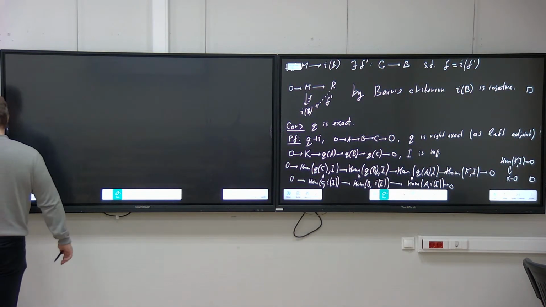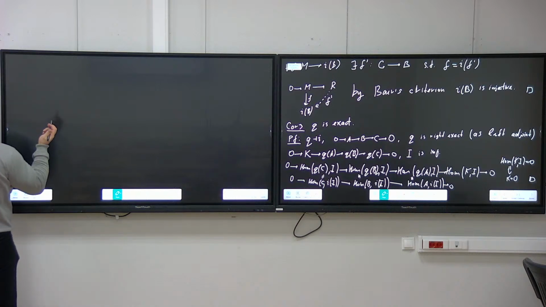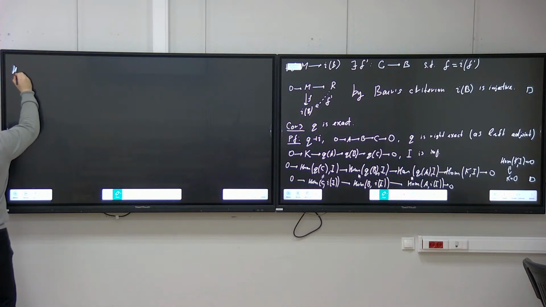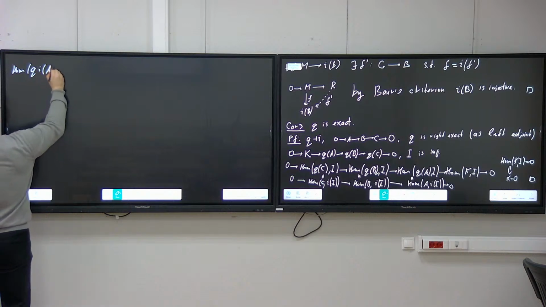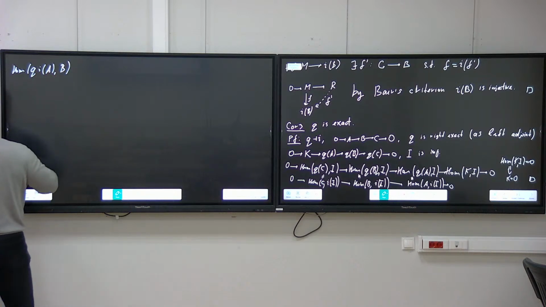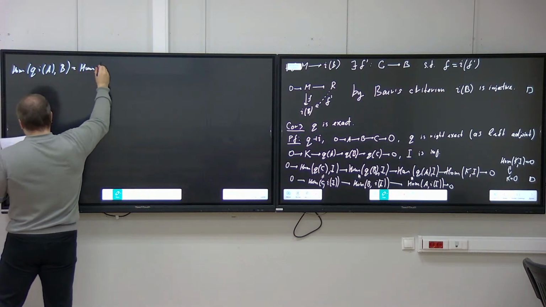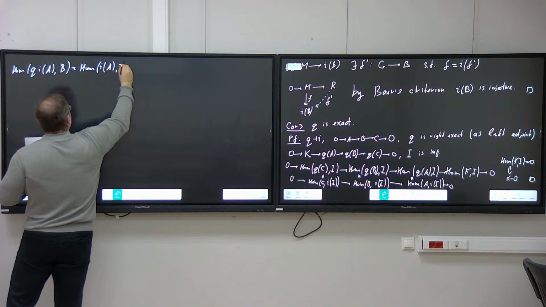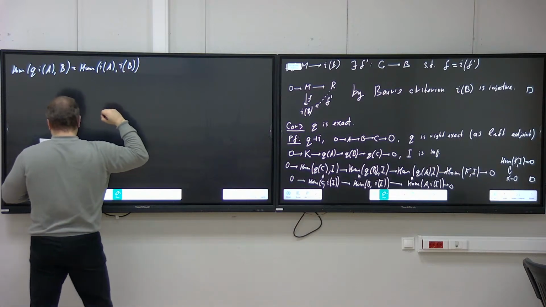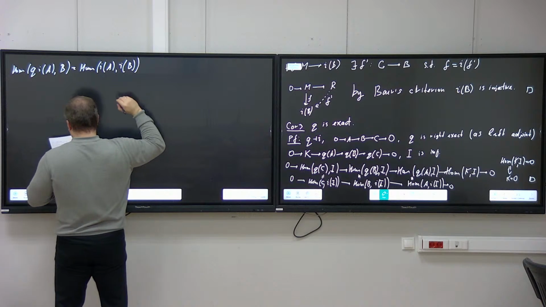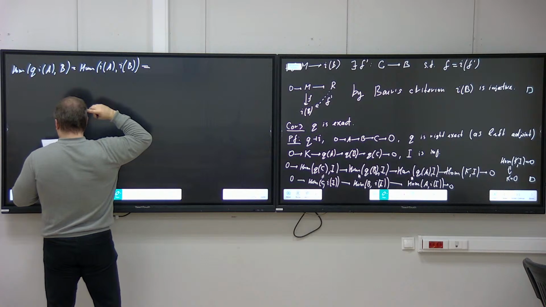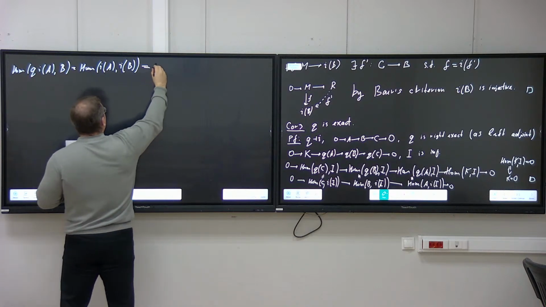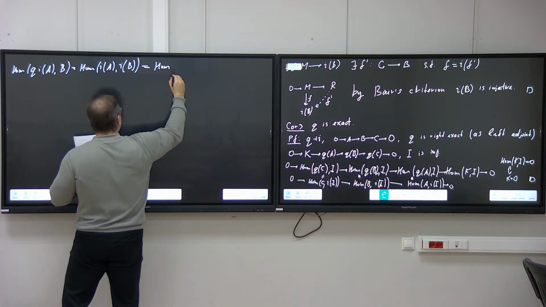So finally, I don't even want to formulate this as an independent lemma. I can do the following computation. If I look at the Hom of the composition of the Q and I, from some object A to some object B, by the adjunction, I can write this as the Hom of I of A, I of B, and since I know that I is fully faithful, I can write this as the Hom.